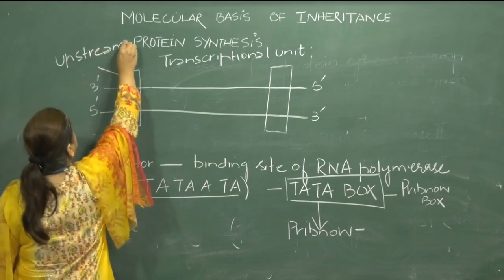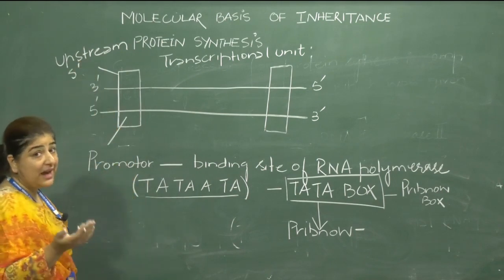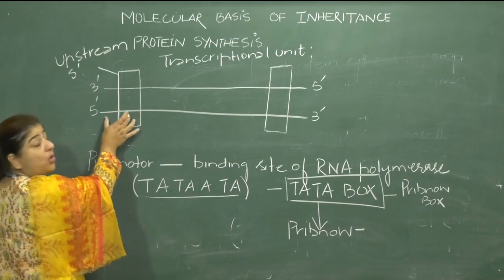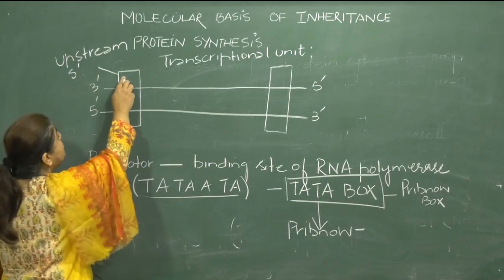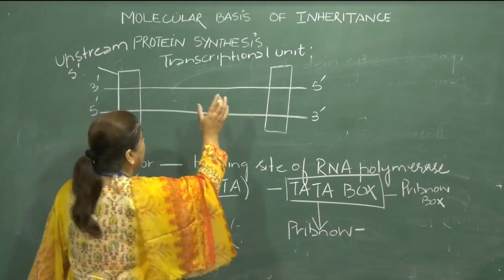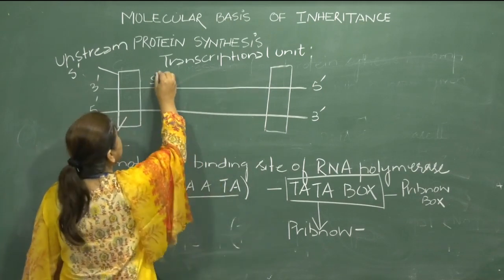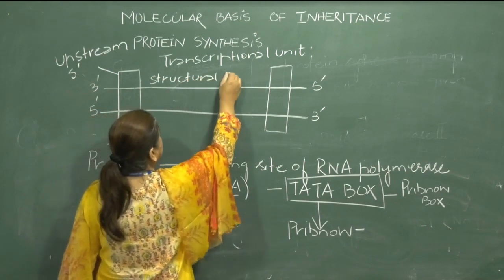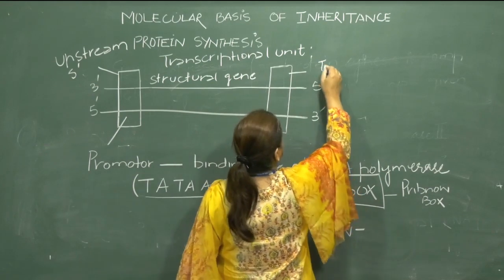When we write the polarity, we give it with reference to the non-coding strand. So this is at the 5 prime upstream of the non-coding strand, and after that you have the structural gene, and this is the terminator.